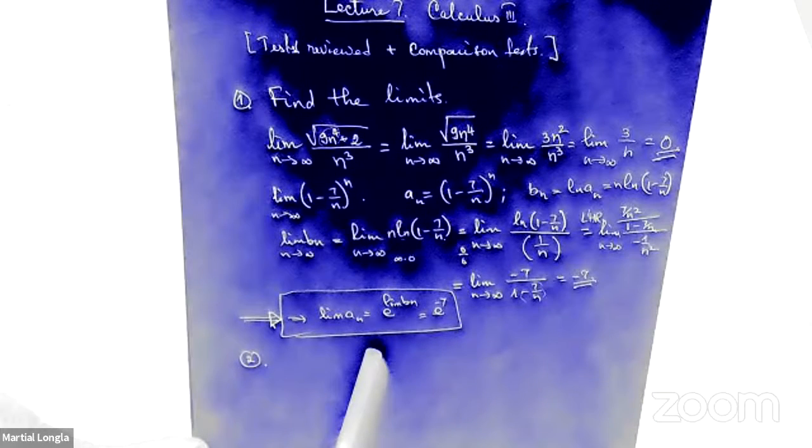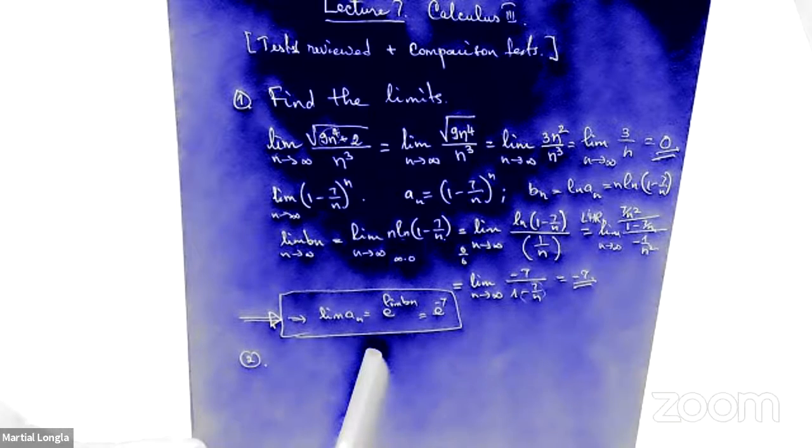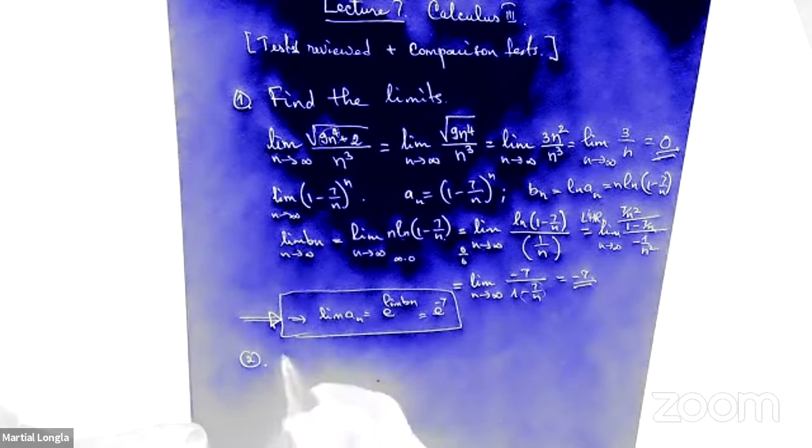Now, question number 2 was, show that the sequence is monotonic.